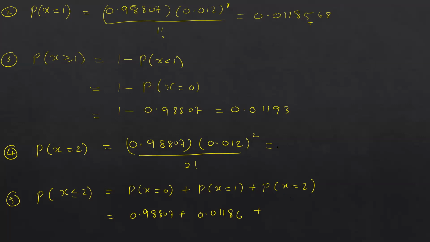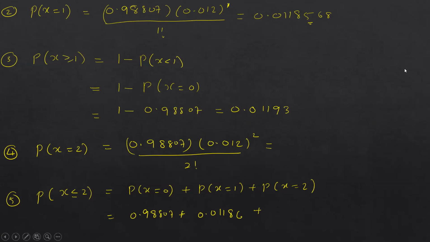X equal to 2, I don't know the value. Can you please tell me what is the value of x equal to 2? Do I have to calculate this? Right. 0.98807 into 0.012 square divided by 2. How much?